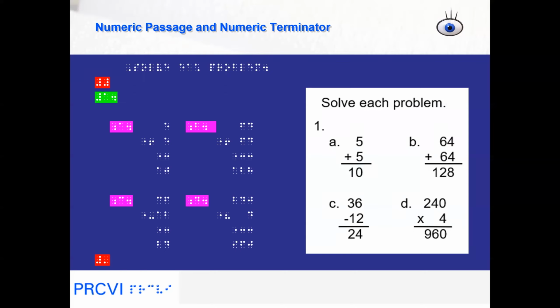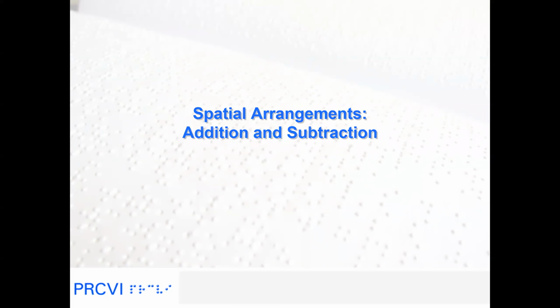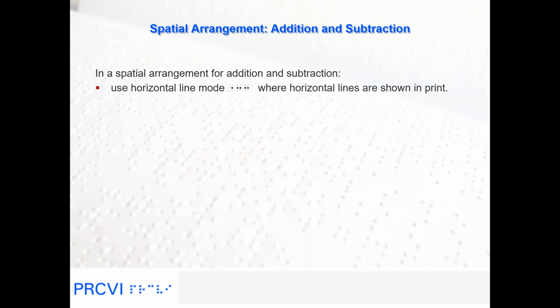Let's look at spatial arrangement in addition and subtraction. In a spatial arrangement for addition and subtraction, use horizontal line mode where horizontal lines are shown in print.